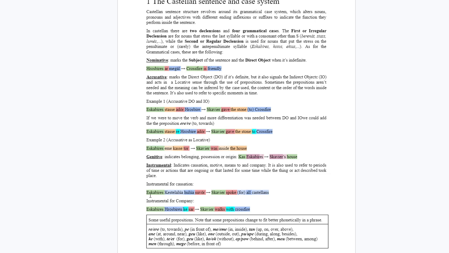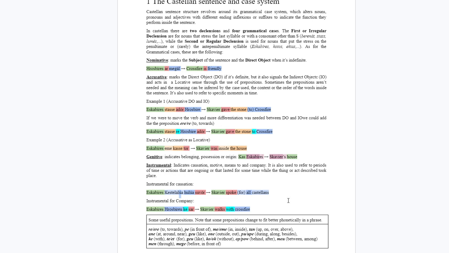So the cause or the motive for Scavier to speak was the Castellans. So we will use this termination, Castellalua hulua. We usually do it with a U or with a W, depending on if it's plural.